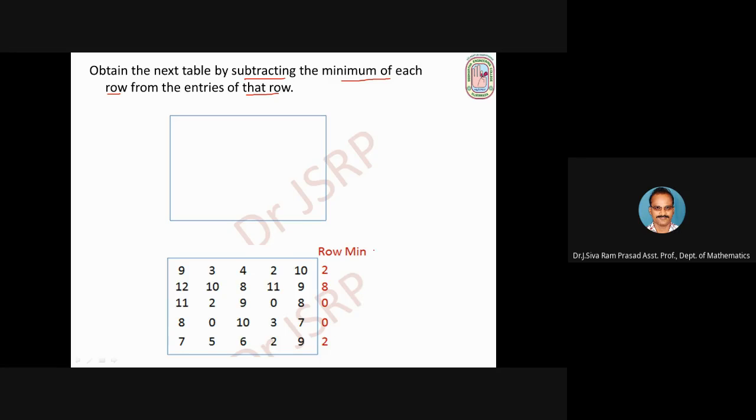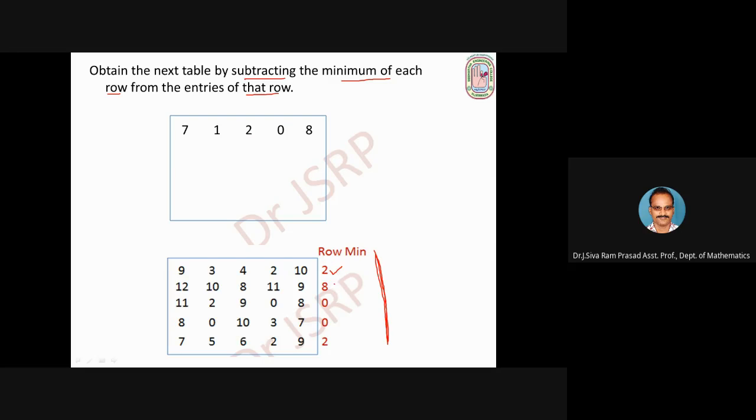So this is the first matrix. Subtract 2 from the first row. First element 9, 9 minus 2, 7. Next 3 minus 2, 1. 4 minus 2, 2. 2 minus 2, 0. 10 minus 2, 8.